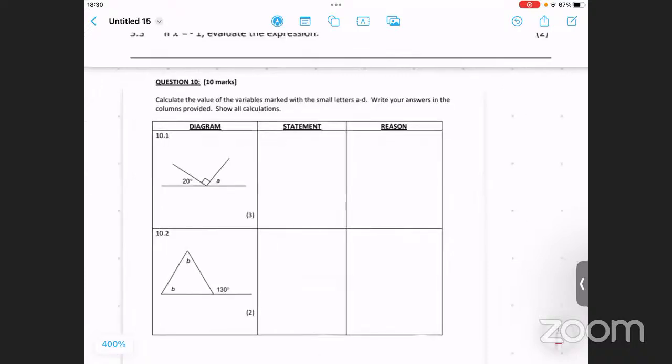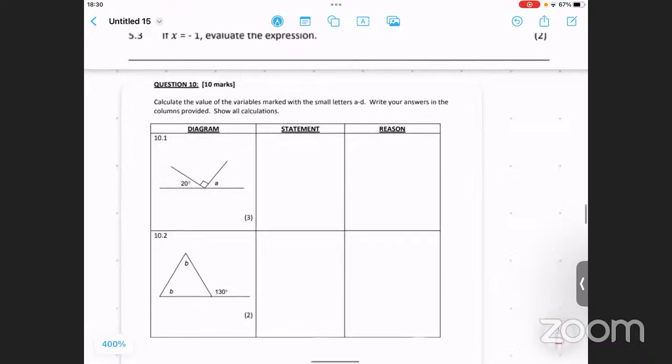Okay, cool. They say calculate the value of the variables marked with small letters A to D. Write your answers in the columns provided. Show all the calculations. Okay, cool.